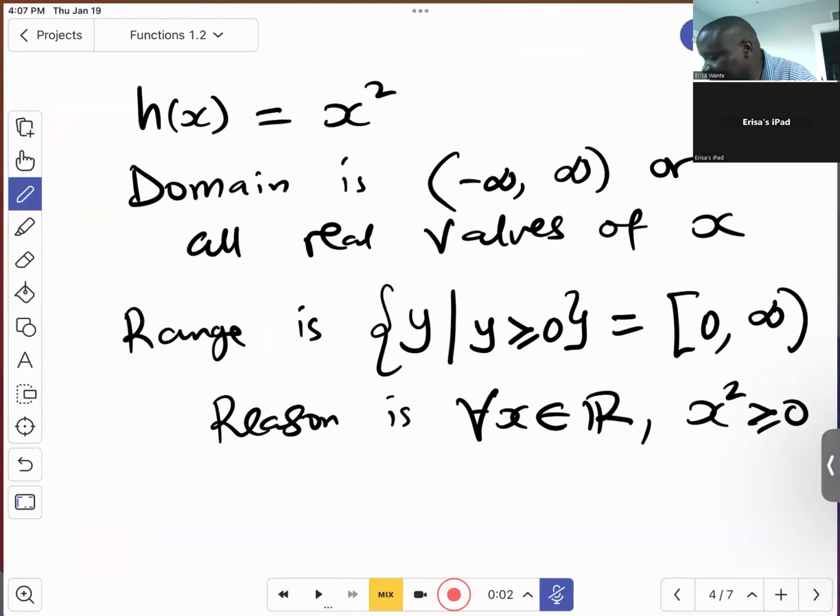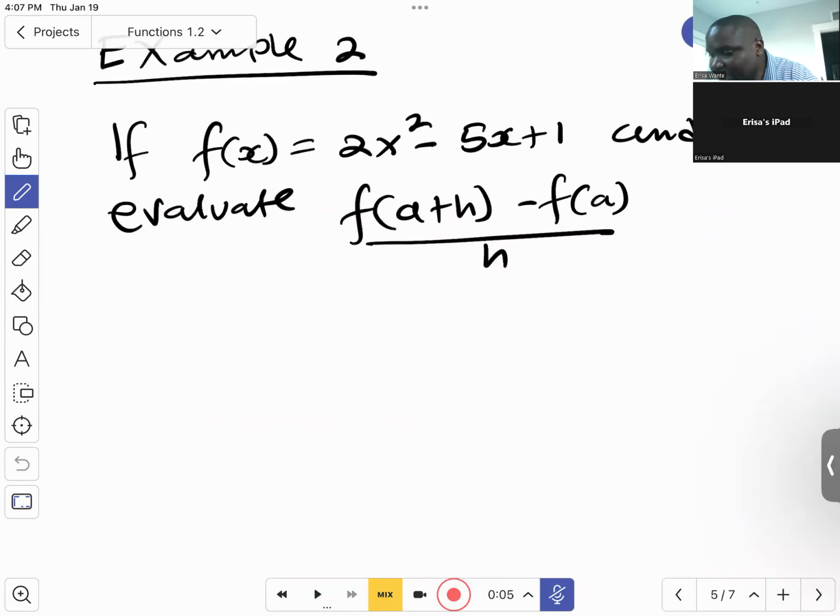Yeah, so next, let me see if I can discuss a few problems for you. You have a function f of x is equal to 2x squared minus 5x plus 1, and h is not equal to 0. So they want you to evaluate the difference quotient with a plus h. So first, what is f of a plus h?